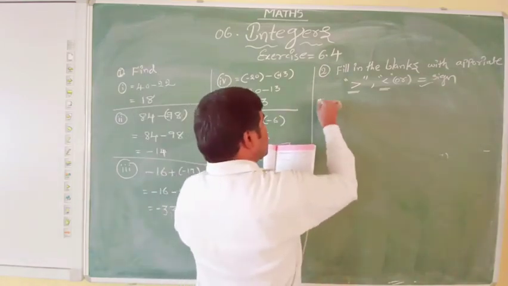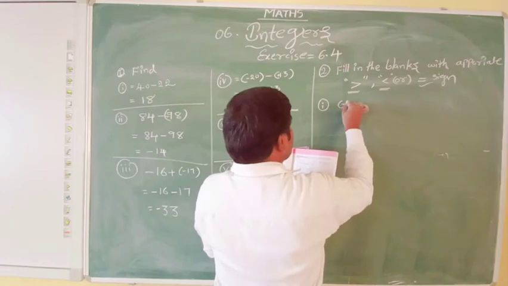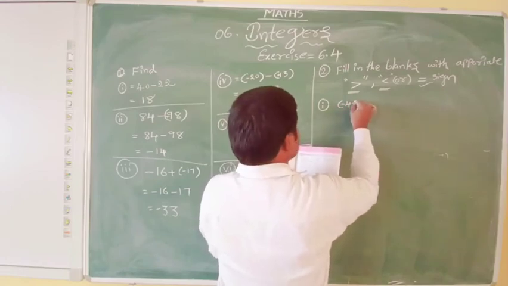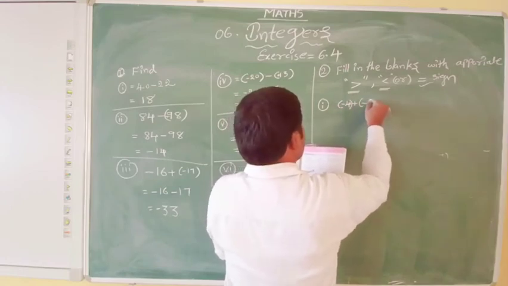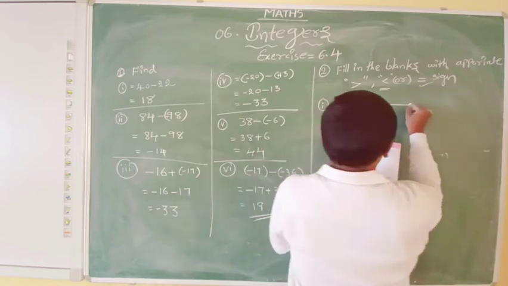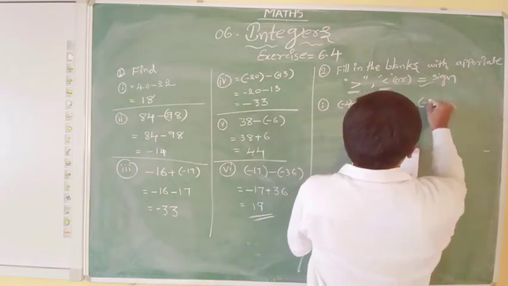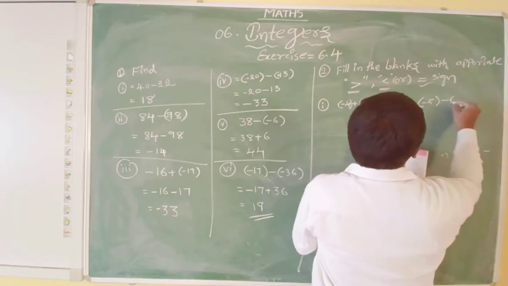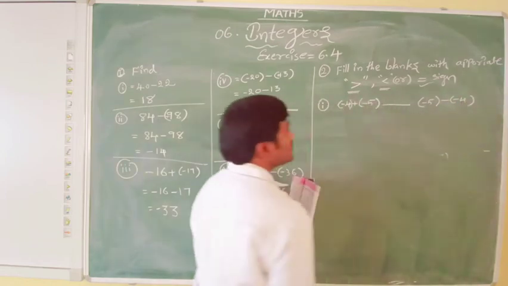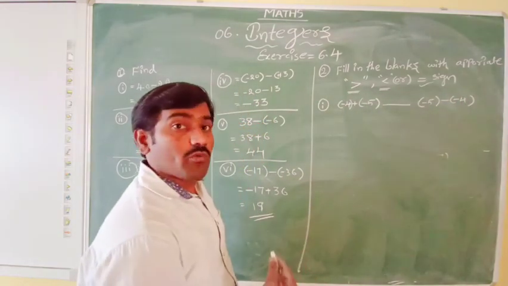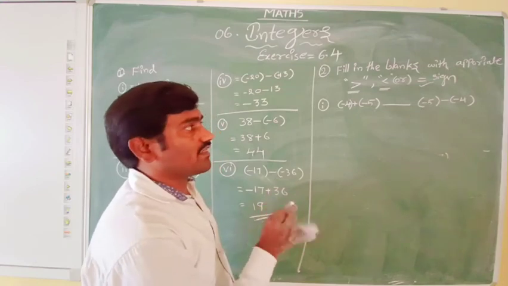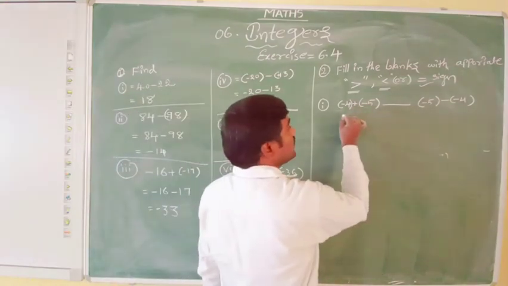The first question is minus 4 plus of minus 5 is dash to the minus 5 of minus 4. Let's go through the problem and say whether they are equal, greater than, or less than. First this side we will do.